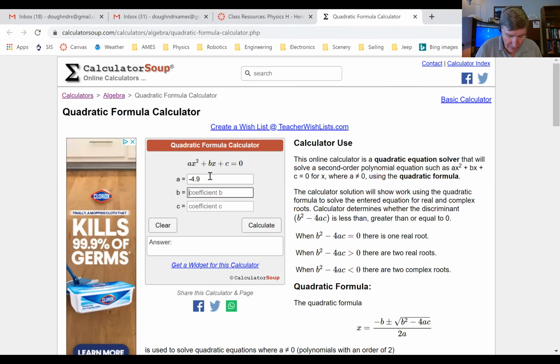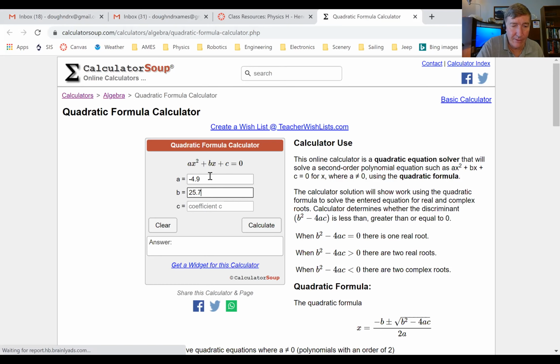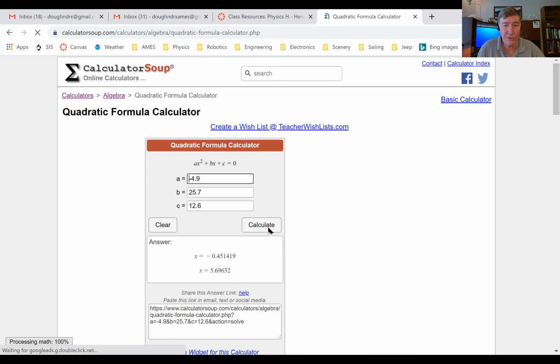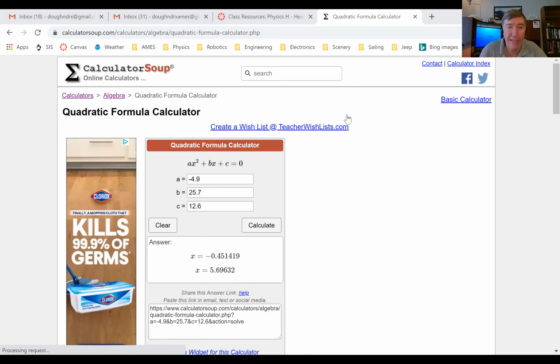B is 25.7. And C is 12.6. Hit calculate, and you'll notice we get two answers. One of them is negative. So what do we do with that negative number there?